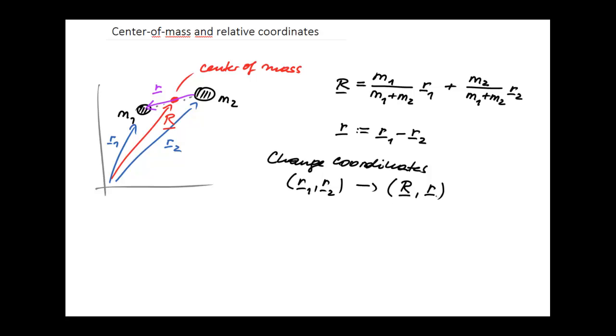It's an alternative way of specifying the configuration of these two masses. And then we can express the Lagrange function as a function of these new coordinates. So we have the Lagrange function now as a function of relative position, relative velocity, center of mass position, and center of mass velocity.